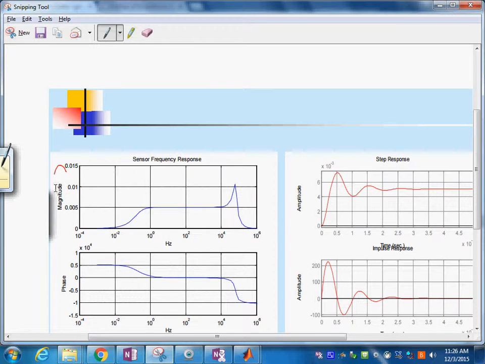I wrote magnitude in there, and this is the phase plot. What happens now is that you have in fact produced here the Bode plots.